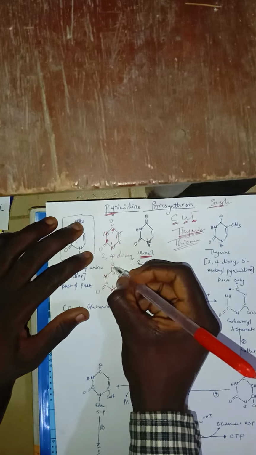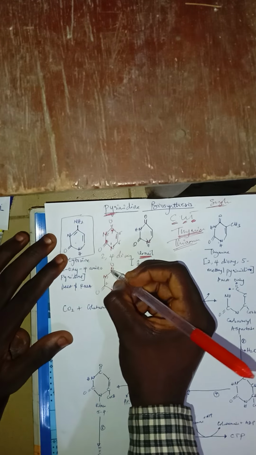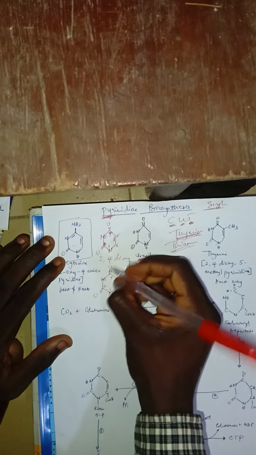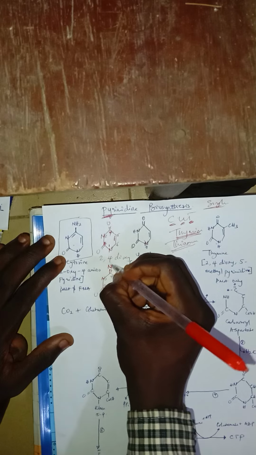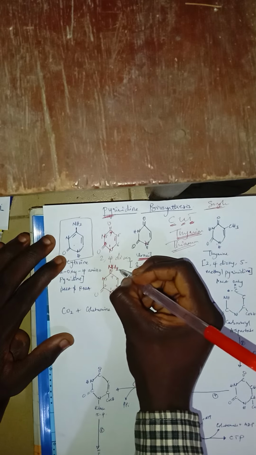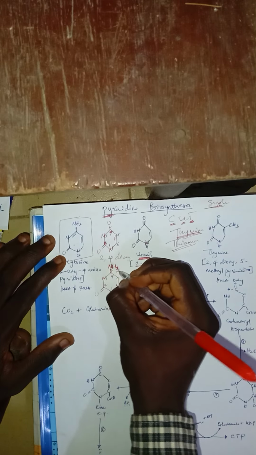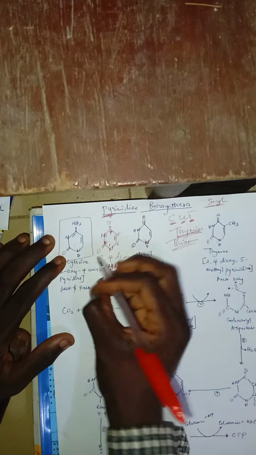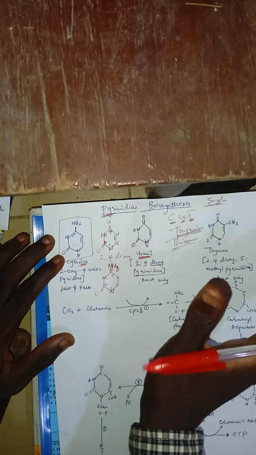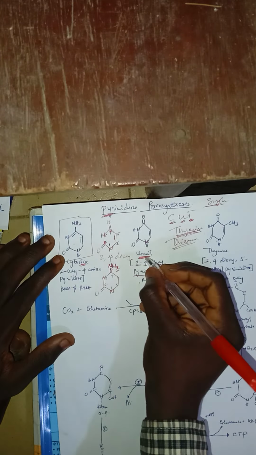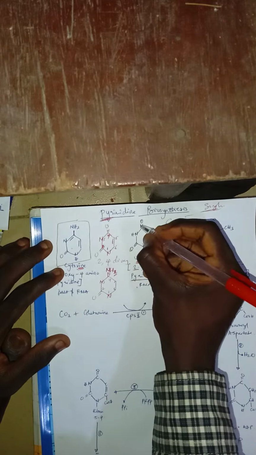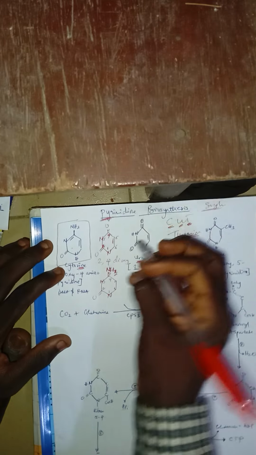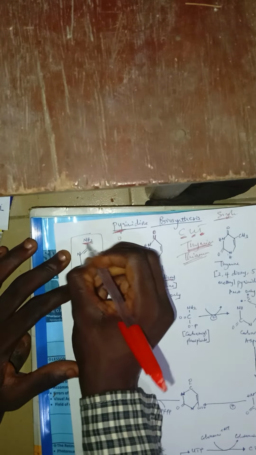Now this is the structure of uracil. If I replace the oxygen at this place with NH2, what I get is cytosine. So the difference between uracil and cytosine is that instead of oxygen at carbon 4, we replace it with an NH2 group.